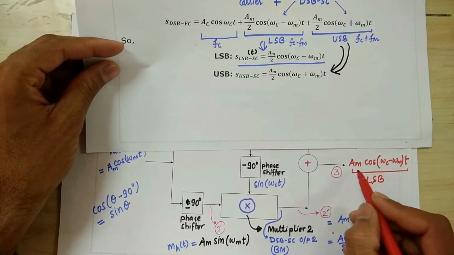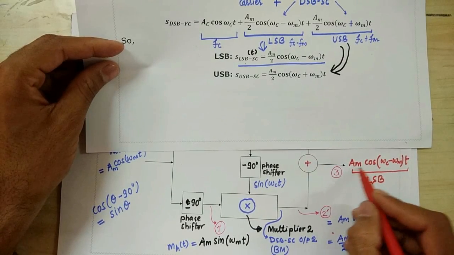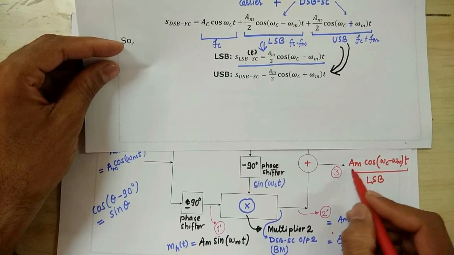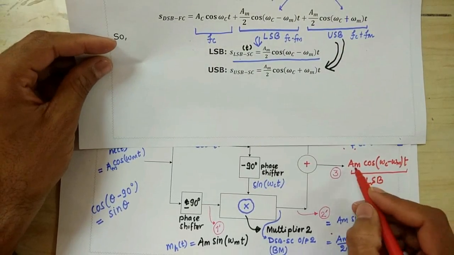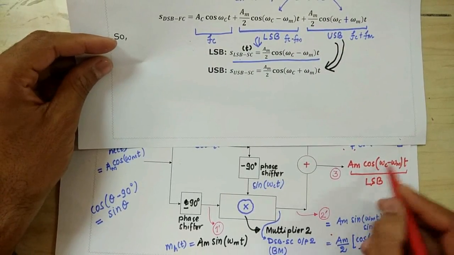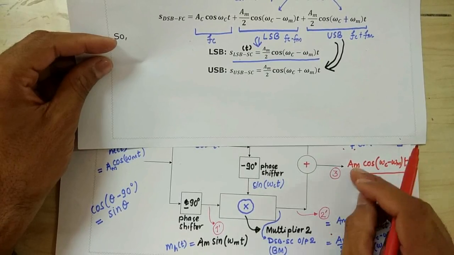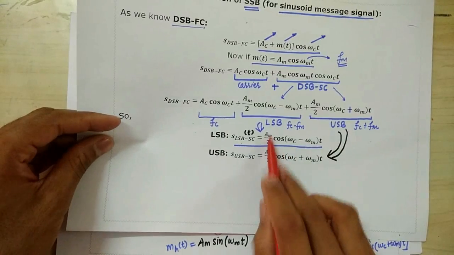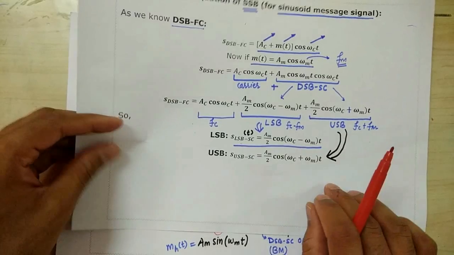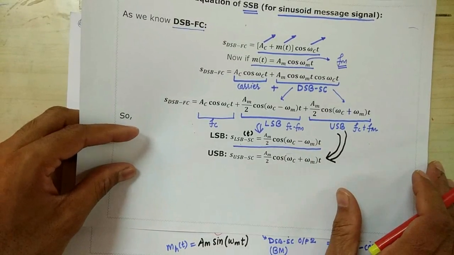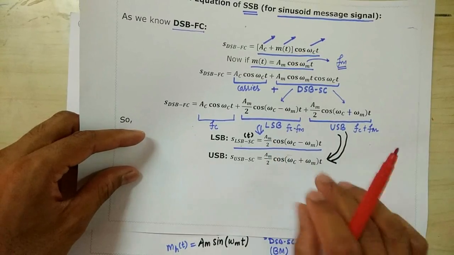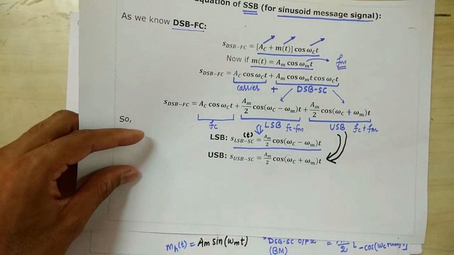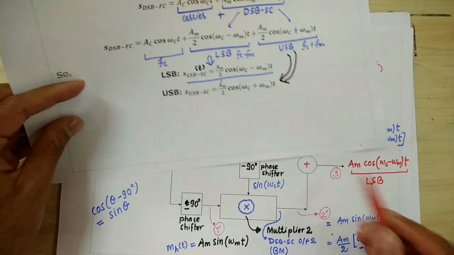If you see this amplitude factor, it is not divided by 2, but it is not necessary because it is a cosine wave of amplitude Am, and the other is a cosine wave of amplitude Am by 2, but the shape remains the same, the frequency remains the same, the amplitude is just scaled by half here.